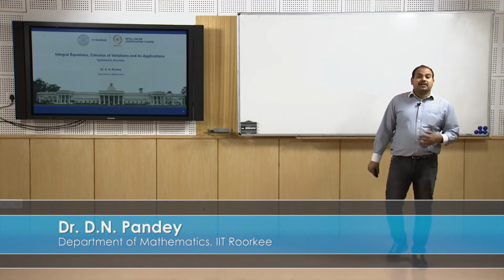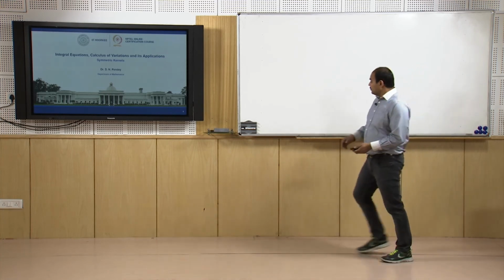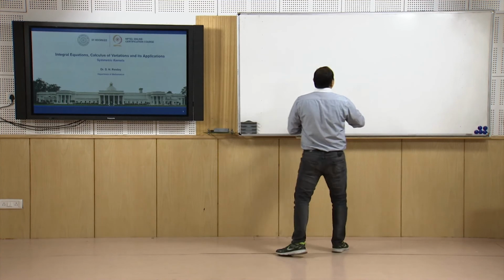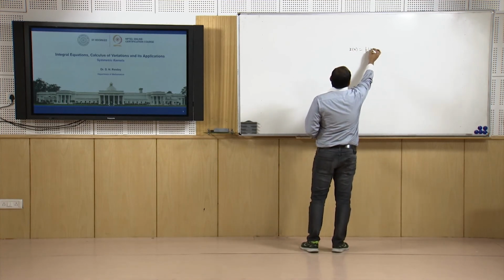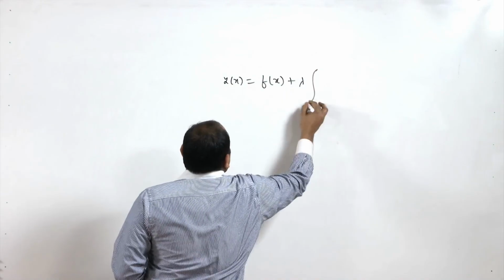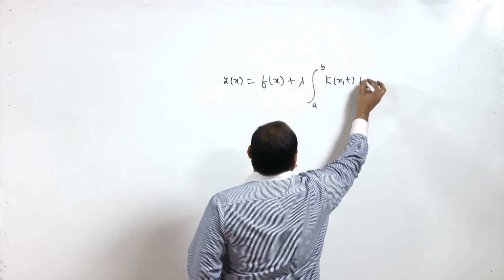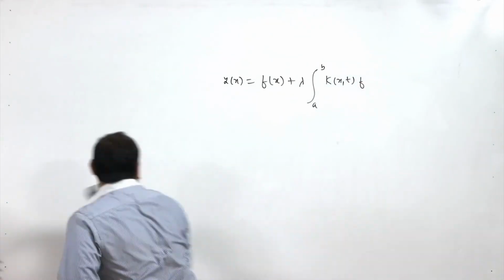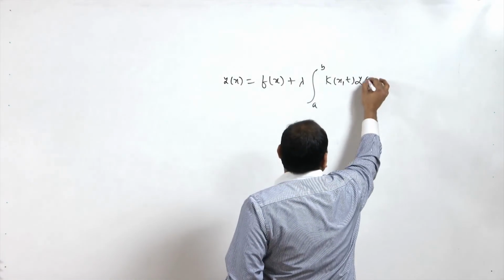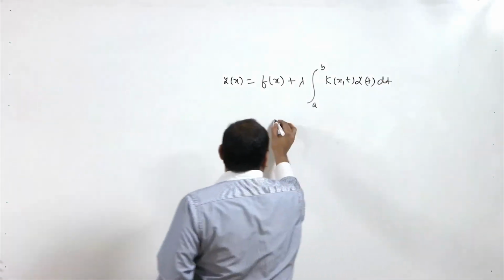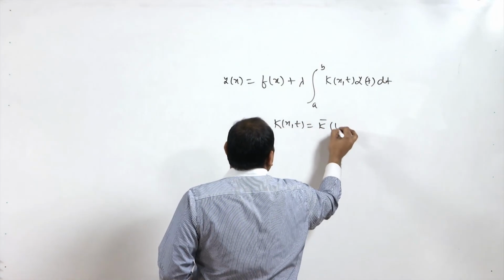We were considering the case of symmetric kernel. So if you remember, we were doing this problem, y of x equal to f of x plus lambda integral from a to b k of x t y of t d t, provided that this k of x t is equal to k bar t of x.